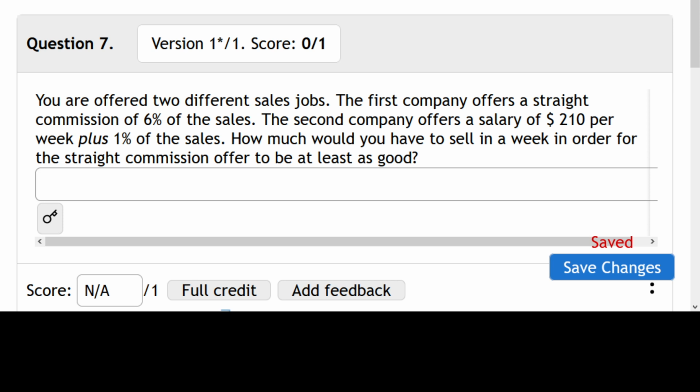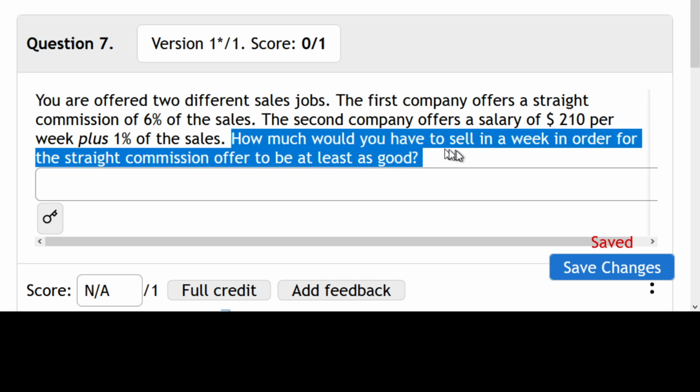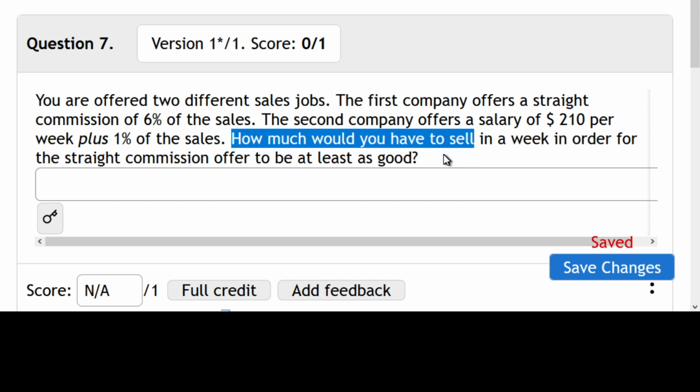Okay, what sort of variables are we going to need in here? And so they're asking you how much you would have to sell in a week, right? So this is always a good indication of what a variable might be. So I'm gonna create a variable that represents how much I'm going to sell.